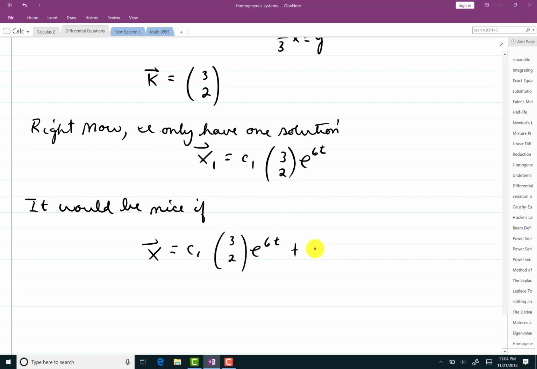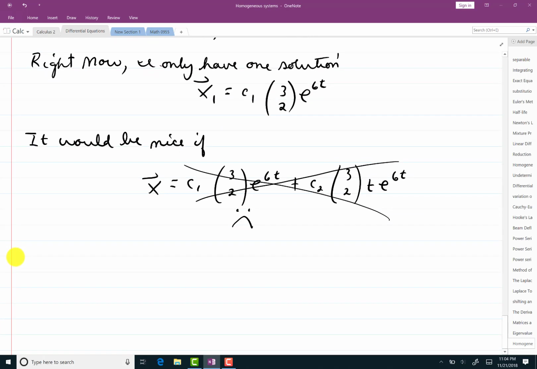Whenever we have repeated roots, we just simply did t e to the 6t, and that would be our solution since we have a repeat. That's how we work these things. Unfortunately, this is not true. It is not true.